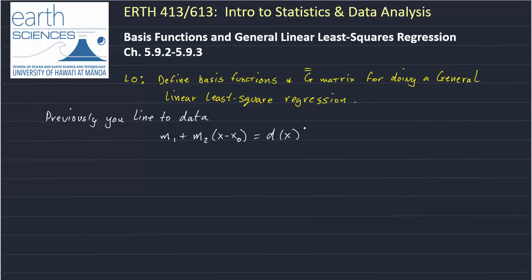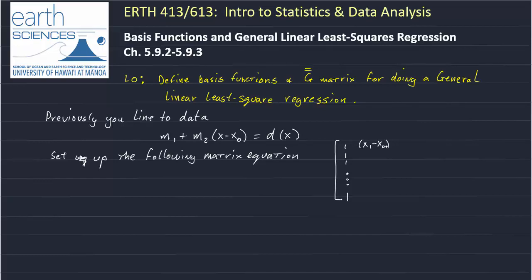And you set up the following matrix equation, or I should say linear algebraic equation, where M1 was multiplied by 1s, and M2 was multiplied by the different values of x, a deviation from the reference value x0, all the way down to n data points.